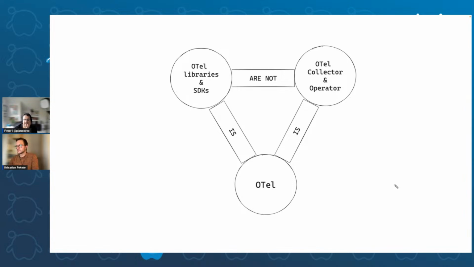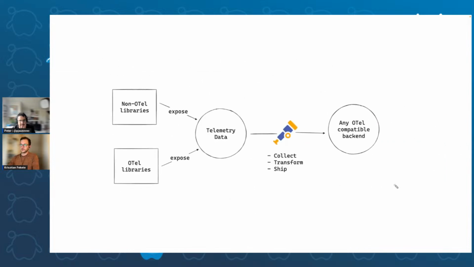And then on the right side with the collectors and operators, I can then scrape, I don't know if that's the right word, scrape or ingest or collect that data from the applications that were instrumented with OTel libraries or without OTel libraries as well, right? Exactly. I have another diagram for that.